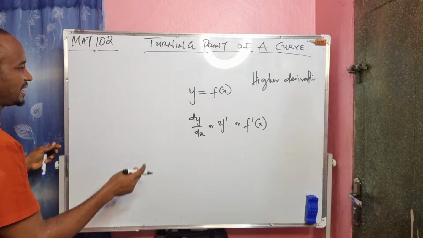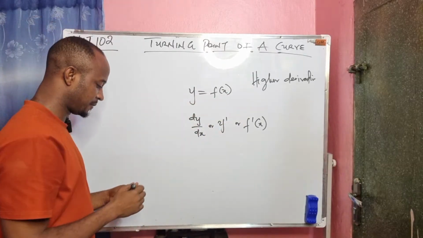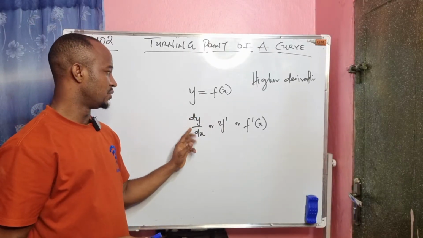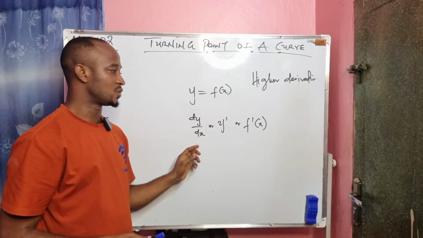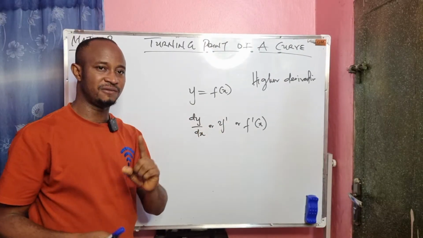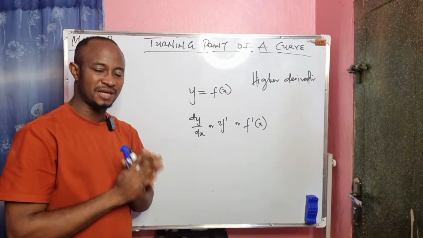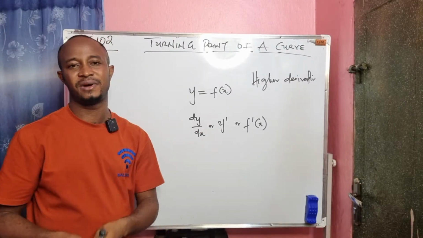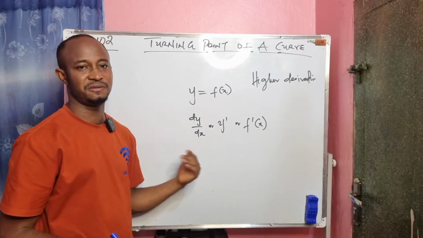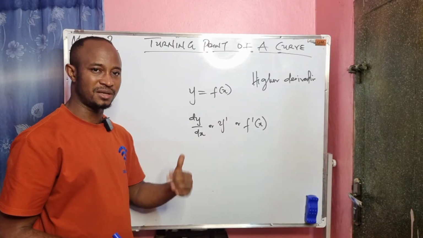For example, if I have y equals f(x) and I differentiate this, the symbol is dy/dx. After differentiating y with respect to x, the result is called the first derivative function. You might be asked to find a second derivative function, meaning I have to further differentiate the first to get the second.